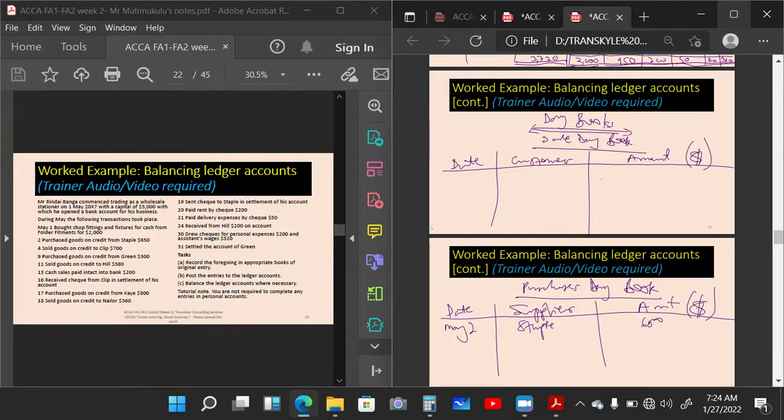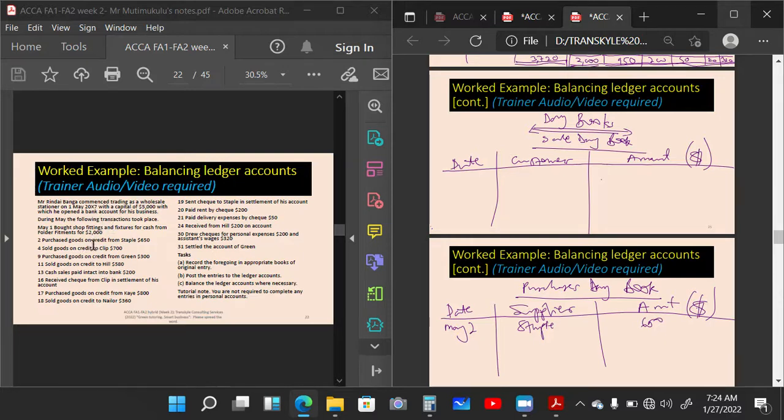This is what I wanted, ladies and gentlemen, so that we see what's happening without going up and down. Unfortunately here we don't have the typing, but it doesn't matter. Mr. Rindaibanga commenced trading as a stationery house.